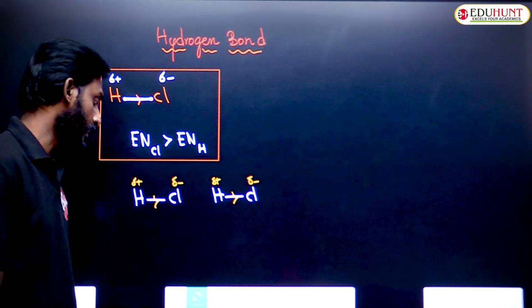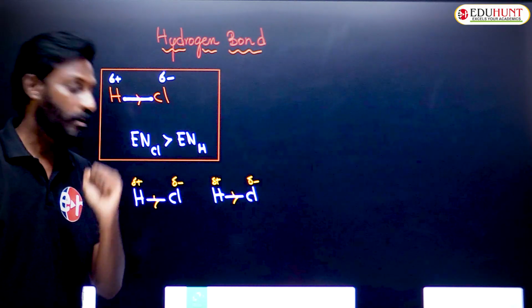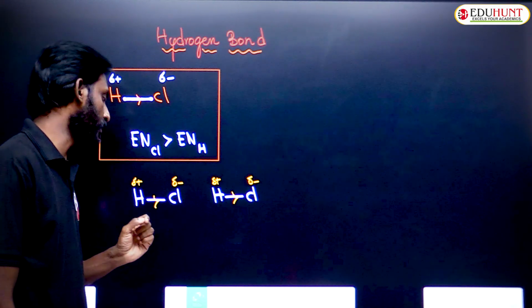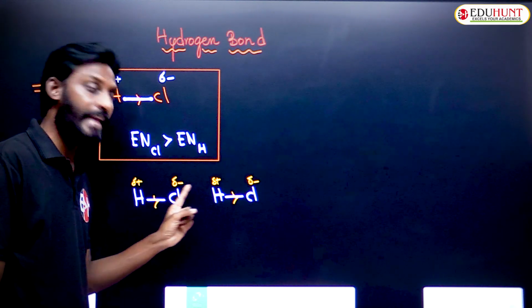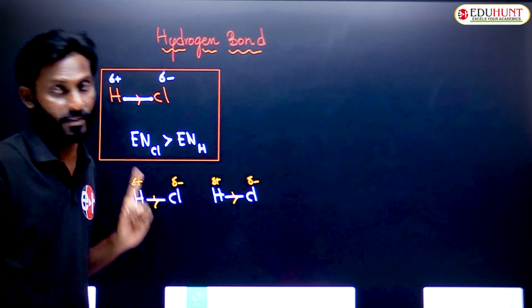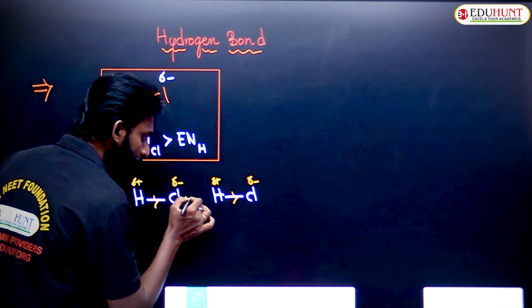There will be an attraction between this partially positive charged hydrogen and the partially negative charged chlorine. I am showing that attraction like this.